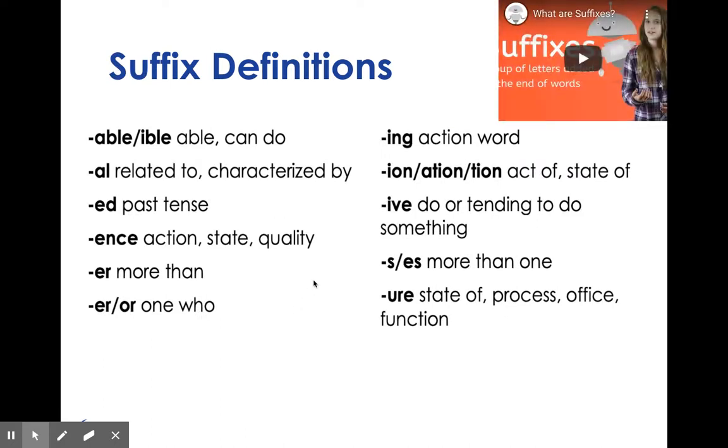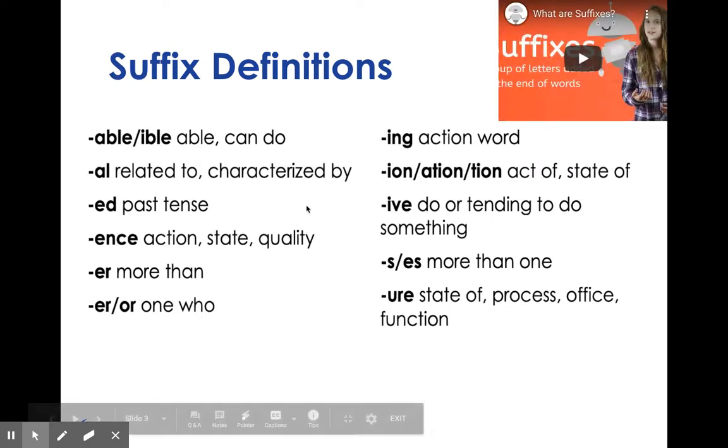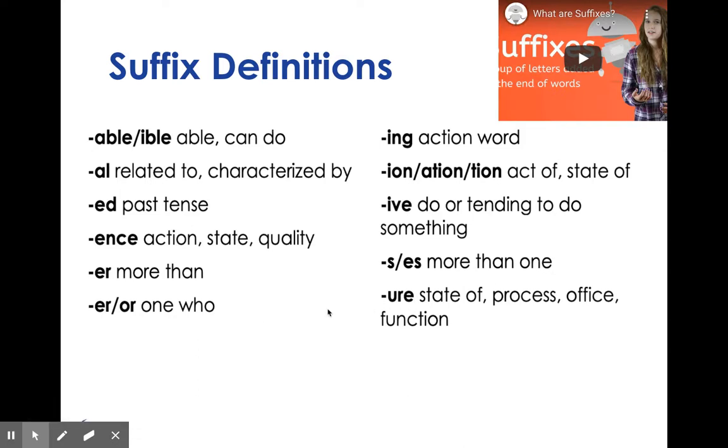Then, next page is suffixes. Again, here's quite a list of suffixes, but today, so we don't overwhelm you, we're only focusing on a few of them. So we're going to be focusing on ed, which is past tense, which you guys are very used to. Adding ed to the end of the word to make it talk about something that has already happened.